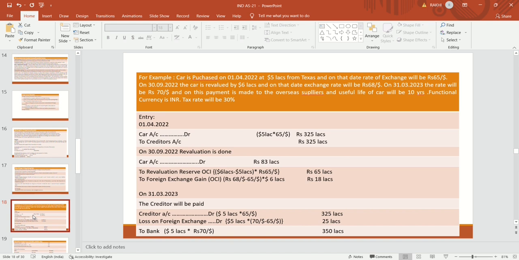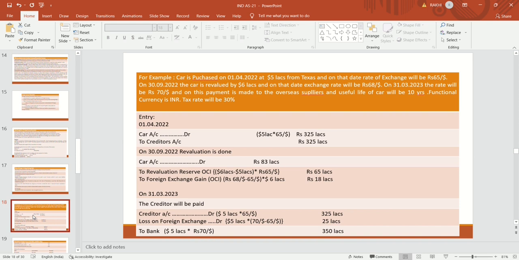On 31st March, the liability, the creditor, is to be paid off. So the creditor account, which was created earlier on 1st April 2022 at 325, is to be debited, because we had already created that liability. Now in order to pay that liability, we have to go to the bank, because we have to pay $5 lakh to the creditors, and at that time the dollar rate will be 70.